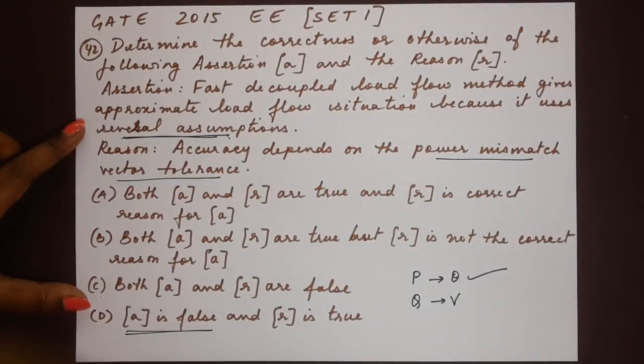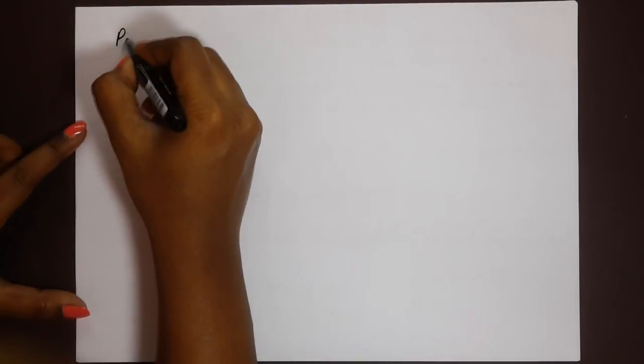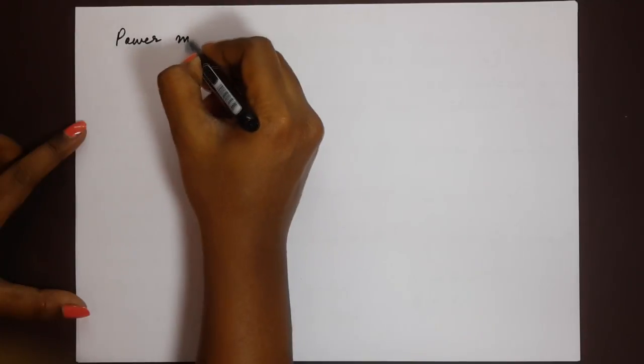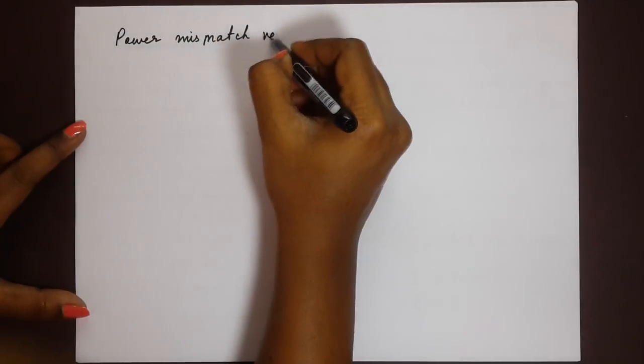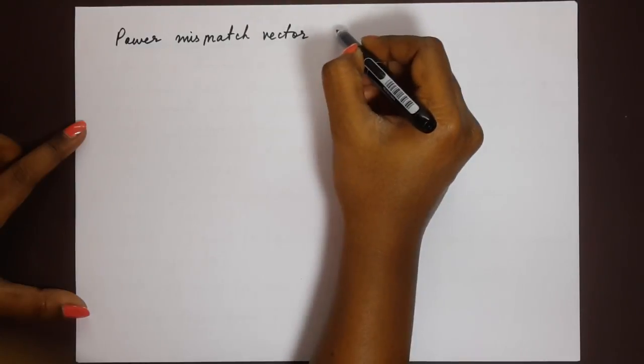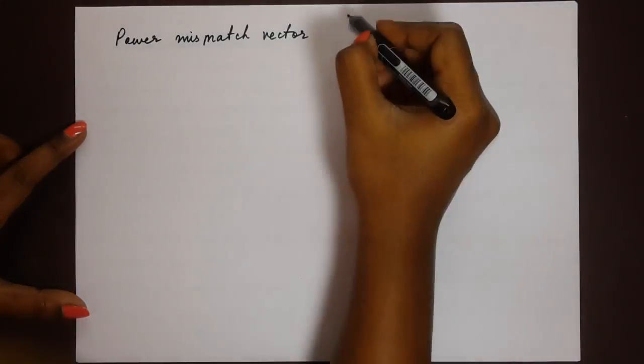Now power mismatch vector tolerance is defined, I think I better write that down here for you to note. Okay, so power mismatch vector, first we will look at power mismatch vector.